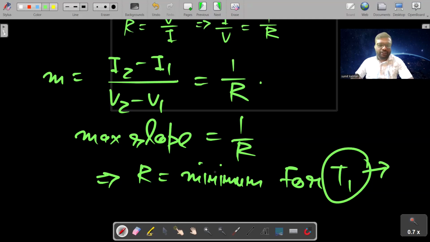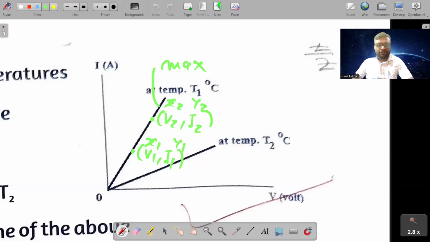Now students, next we will see the second, that is for temperature T2. And students, if you see, it is less steep than temperature T1. So here the slope will be minimum.